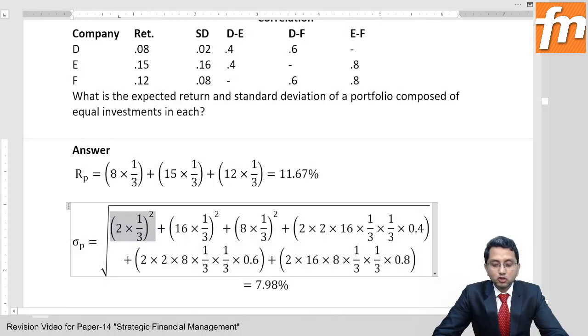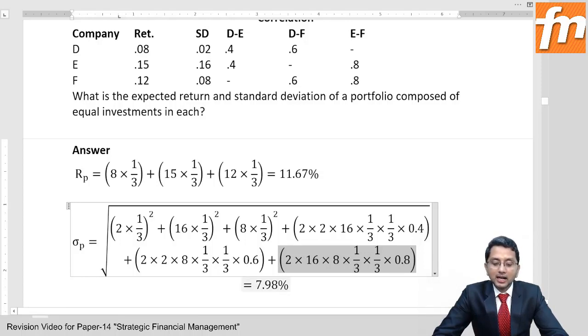Sigma 1 W1 squared plus sigma 2 W2 square plus sigma 3 W3 square plus 2 sigma 1 sigma 2 W1 W2 R12 plus 2 sigma 1 sigma 3 W1 W3 R13 plus 2 sigma 2 sigma 3 W2 W3 R23, like this, right?